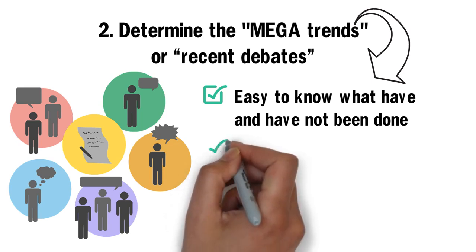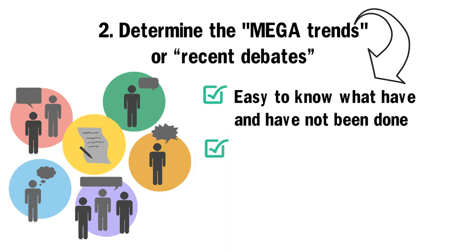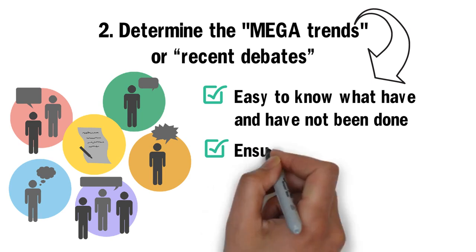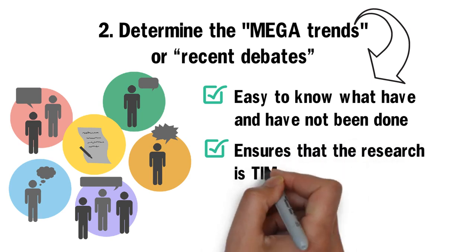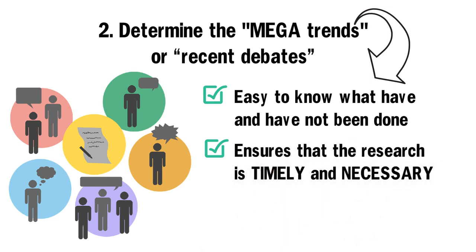Determining the mega trends or recent debates is also important because it ensures that our research is timely and necessary. We have to remember that we do not do research for the sake of doing research, of completing a master's or doctoral degree.